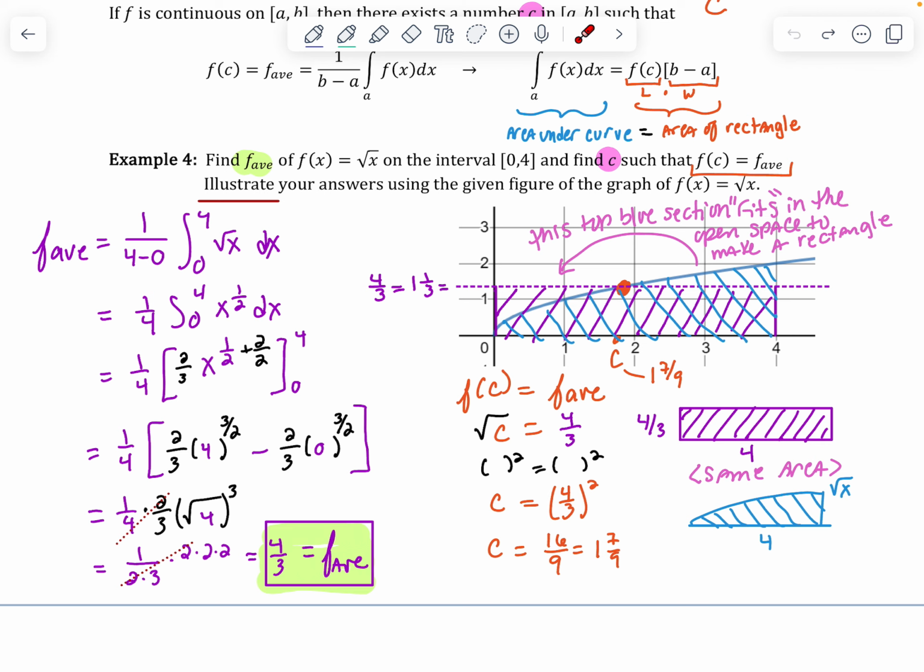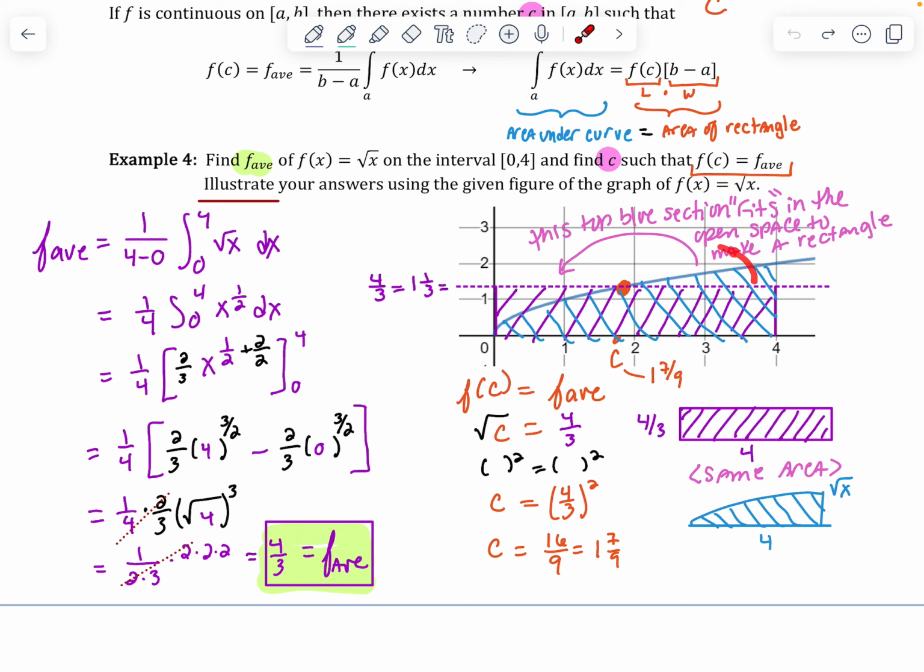So what happens is, I wanted to visually show you, notice the rectangle has this part that's not under our curve, but keep in mind our curve also had some area that's not in a rectangle, and that's kind of where they balance each other off.